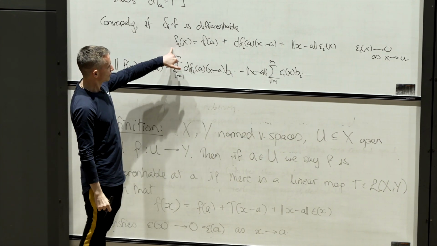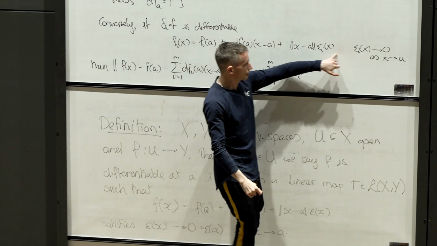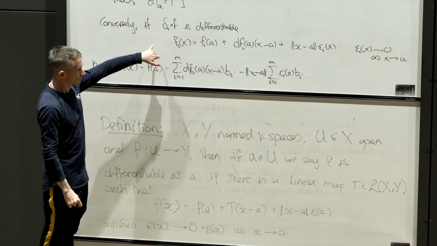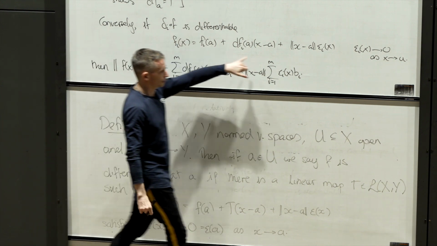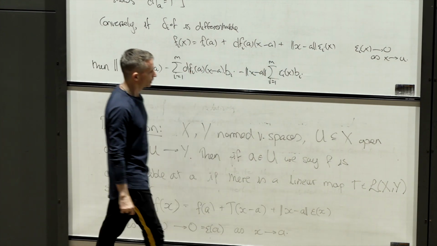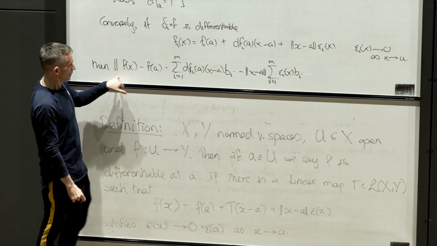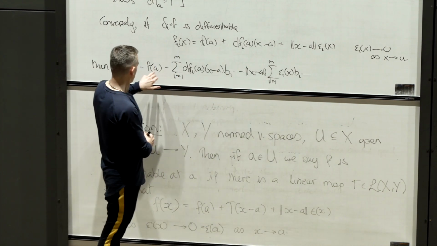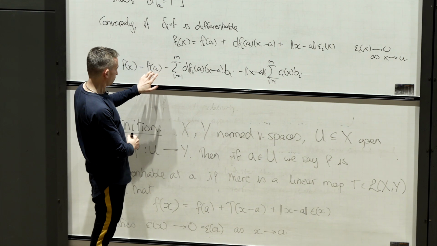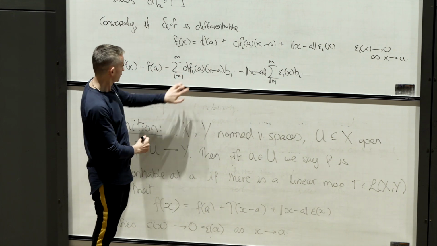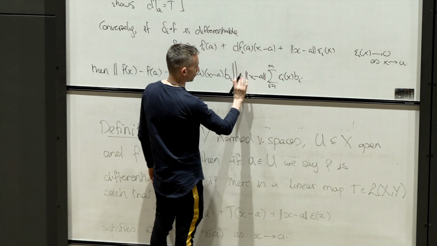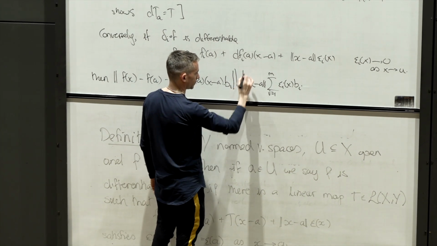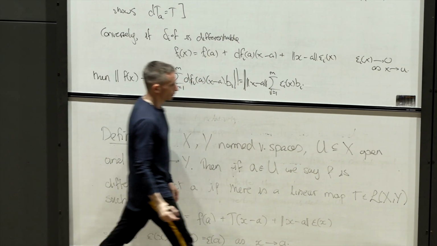So all I'm doing is saying if you have this identity as scalars for i equals 1 to m, take it and multiply it by the vector b_i and add together what you get, and so this minus this, the value at a minus this in norm is just equal to this in norm.